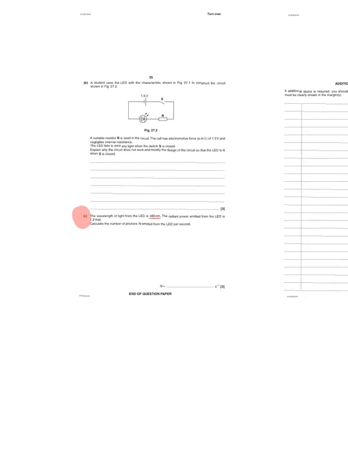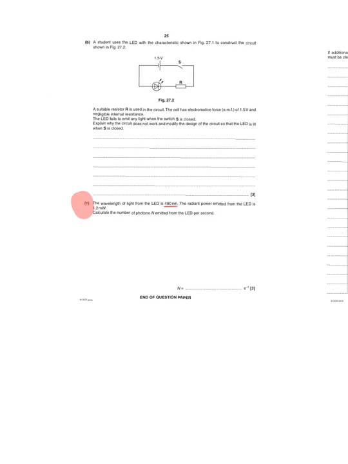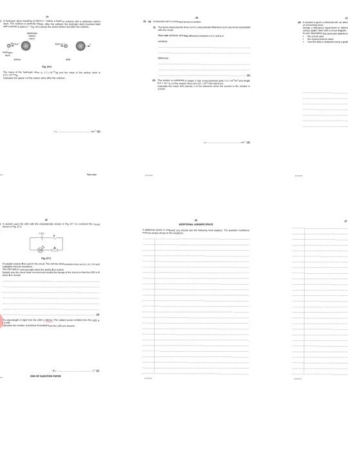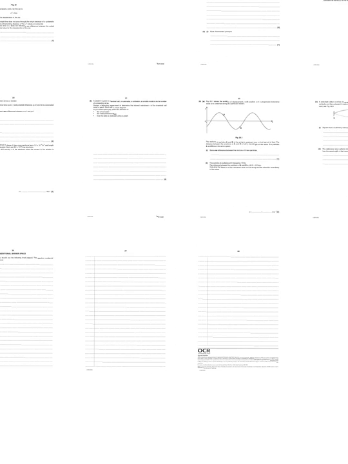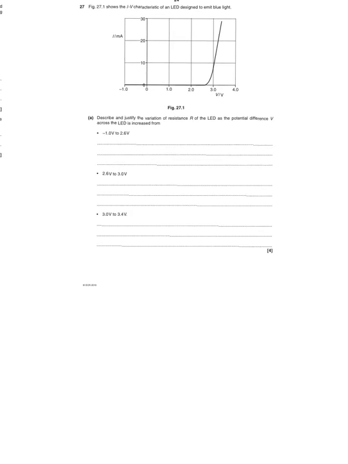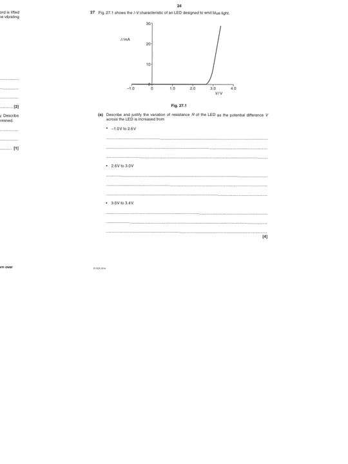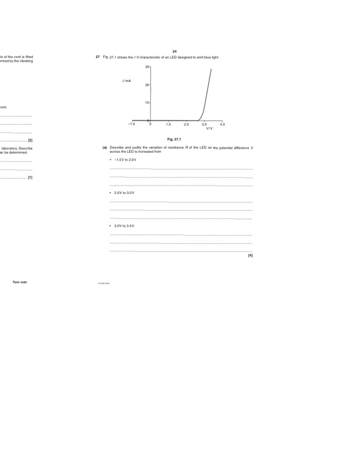Before I continue, this question involves electricity topics and more precisely LEDs. So it starts off with a question on LEDs, the characteristic of an LED, what is going on in terms of resistance and current and potential difference at the different regions of the graph.